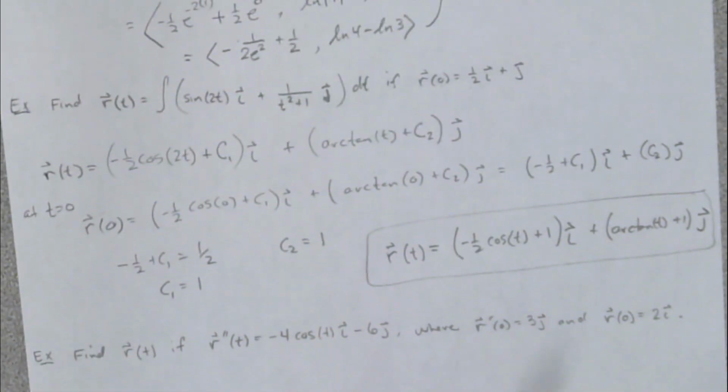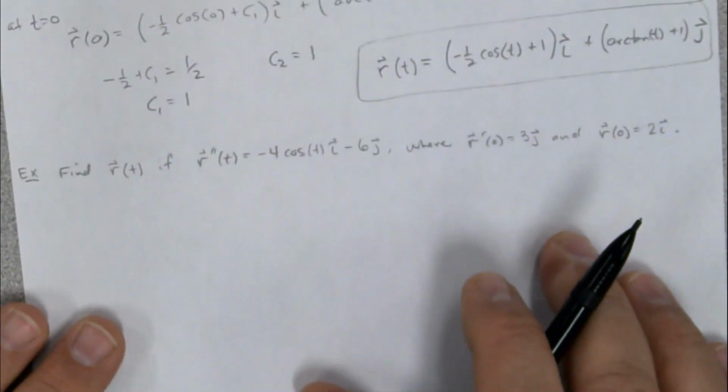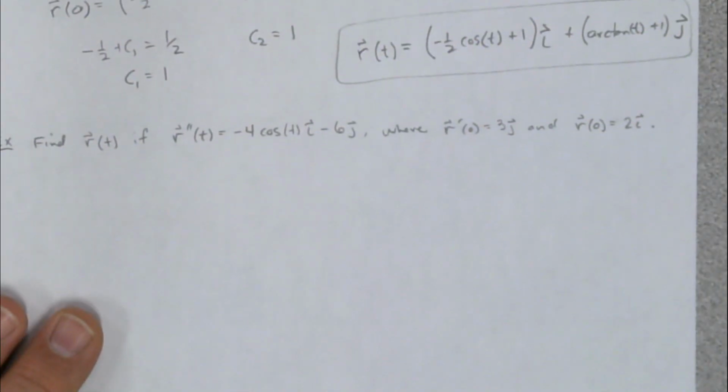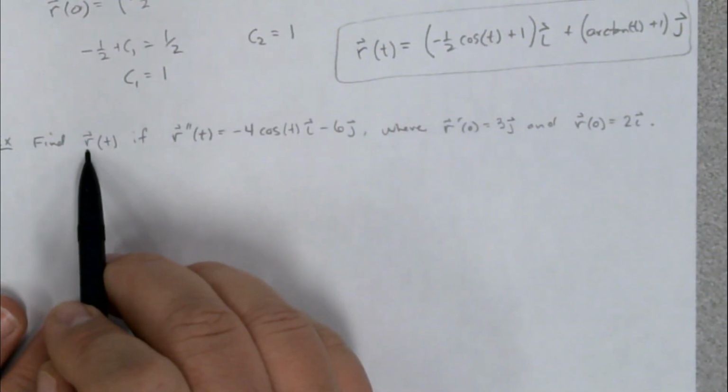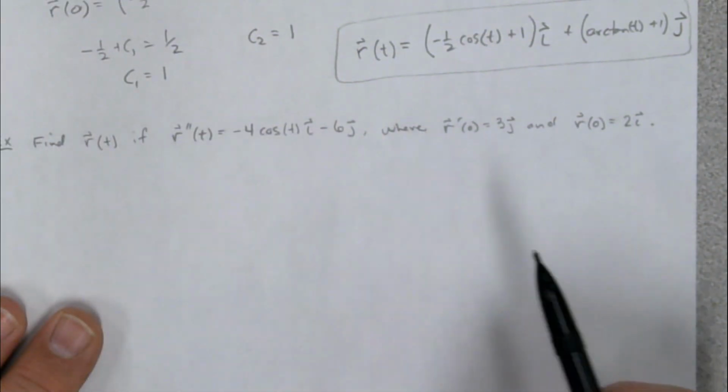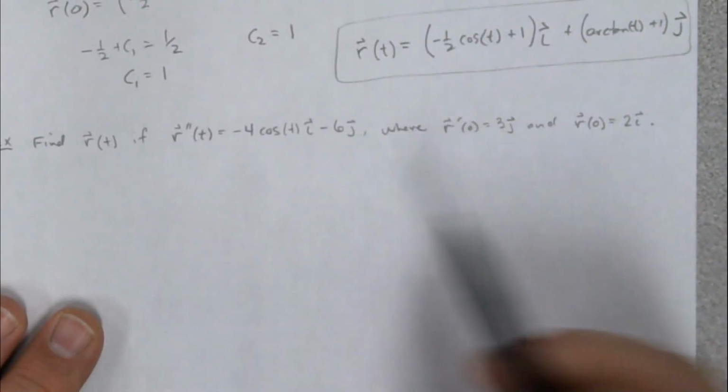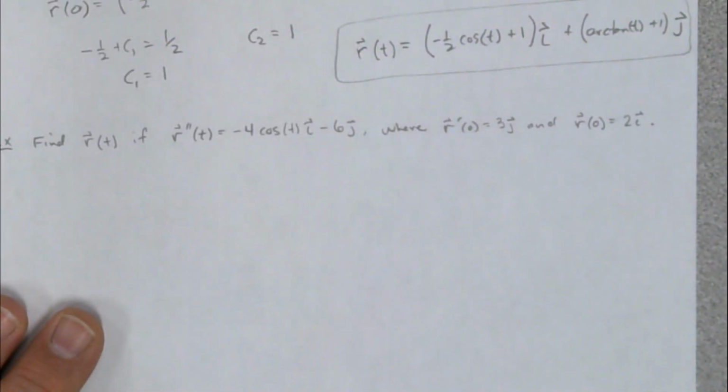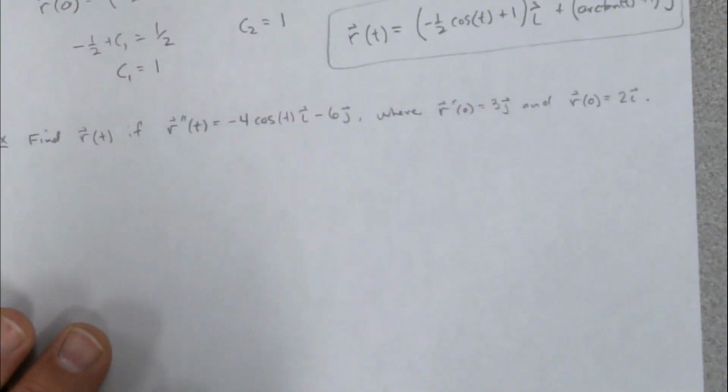The last example that I have here, we want to find r, and I gave you the second derivative and some initial conditions. So you're just basically doing integration techniques, getting this back up to r from r double prime.